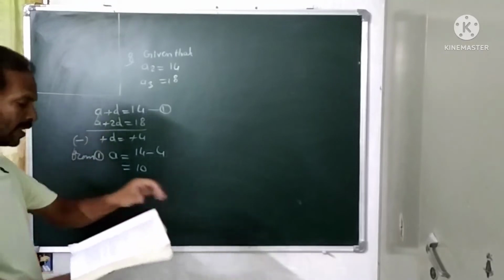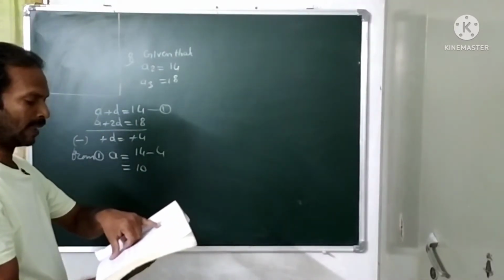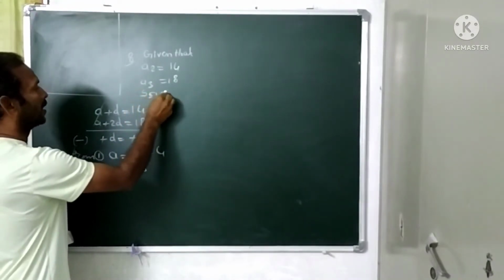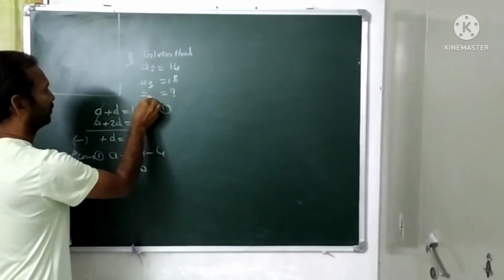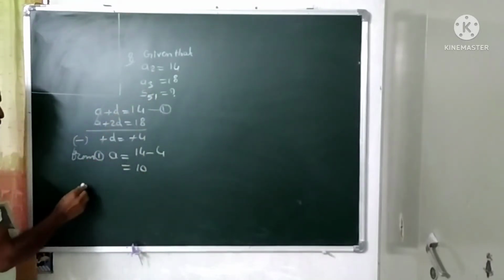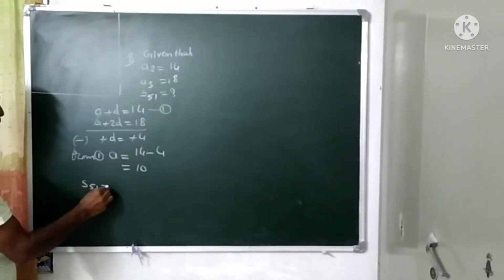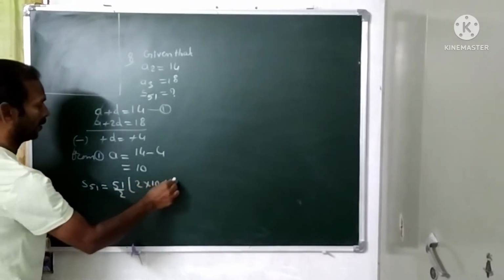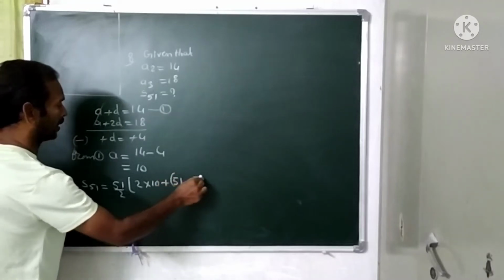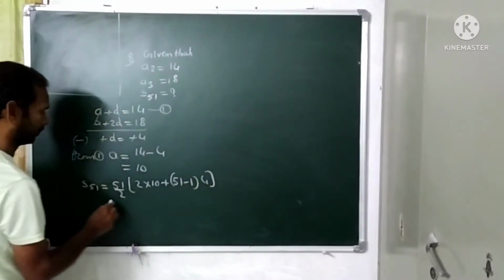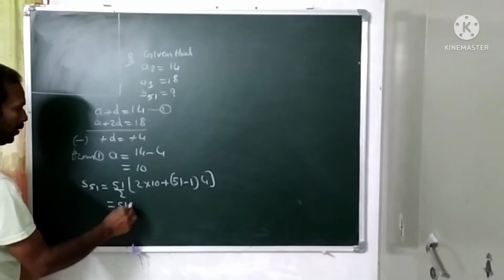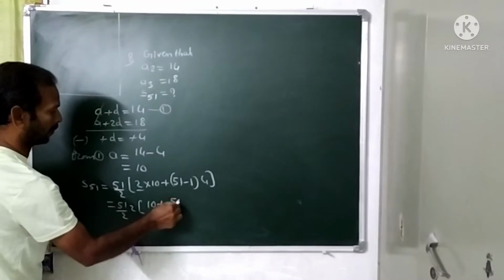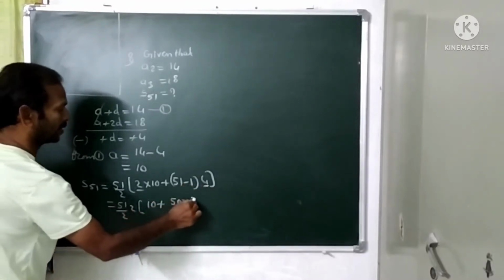What are they asking you to calculate? Find the sum of the first 51 terms. S51 is equal to question mark. S51 formula: S51 is equal to 51 by 2 into 2A plus 51 minus 1 into D value 4. So 51 by 2, take 2 common here, 10 plus 50 into 2, 100.